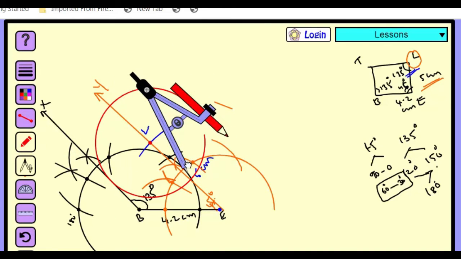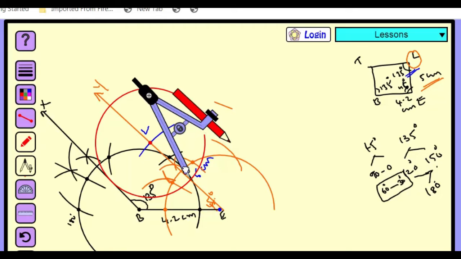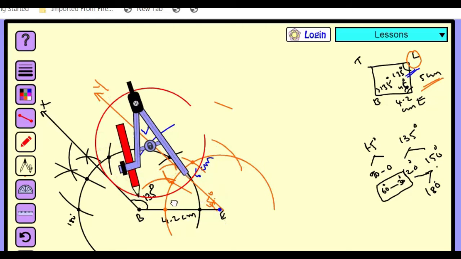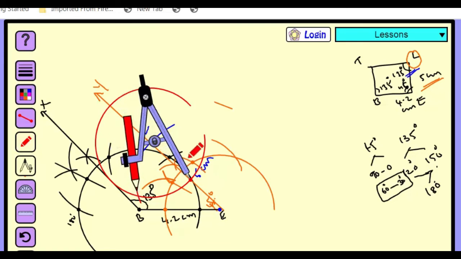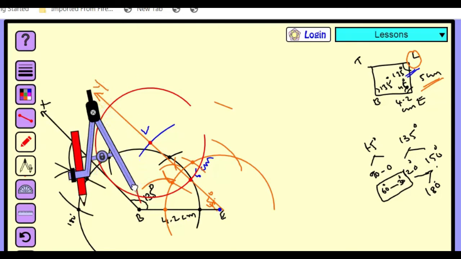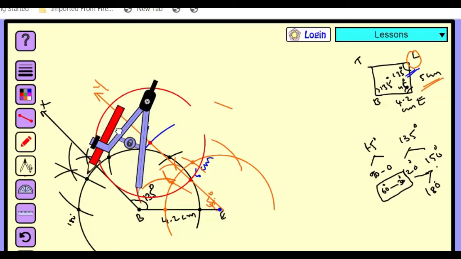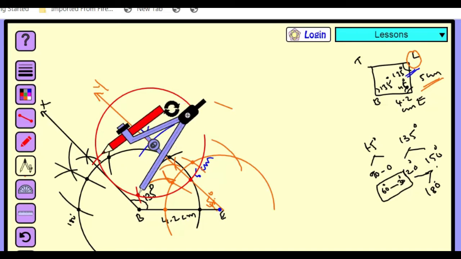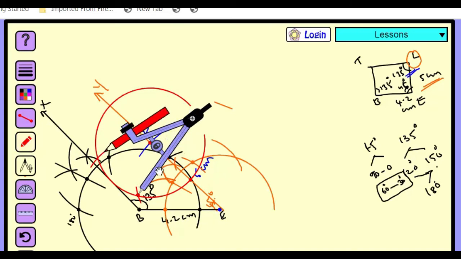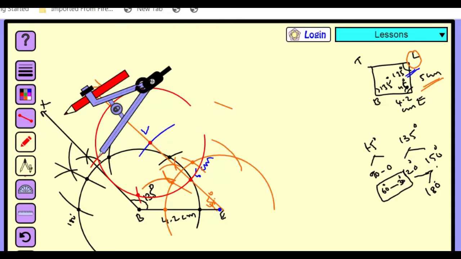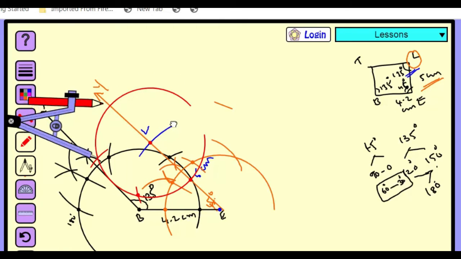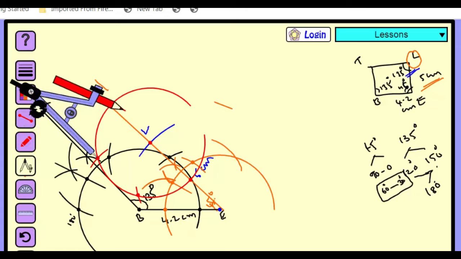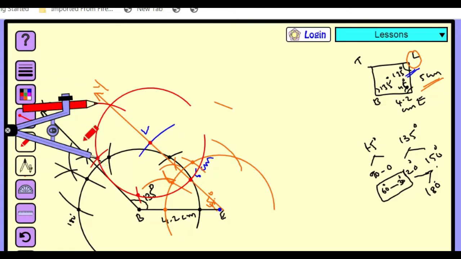Now with this as the center, draw an arc. This we know is 60 degrees. Again with this 60 as the center, draw another arc which cuts the previous arc. This is 120. Again with 120 as the center, draw another arc which cuts the previous arc at 180 degrees. Now this arc is 180 degrees.